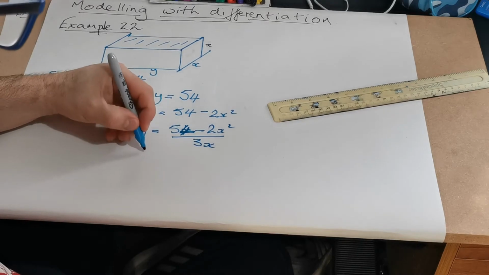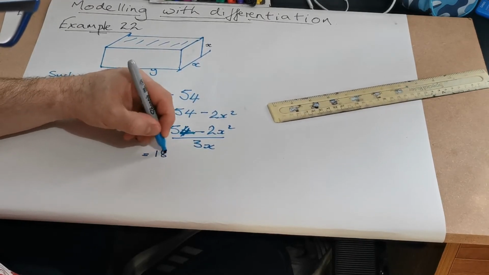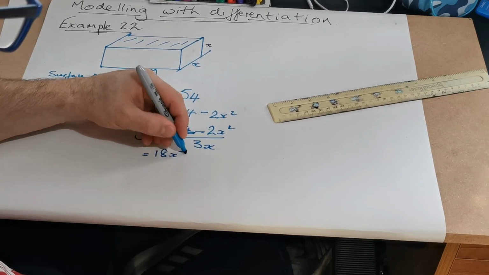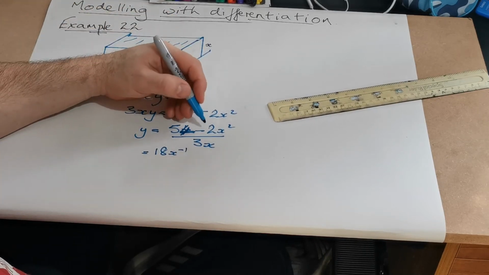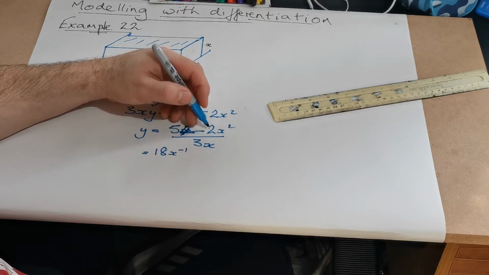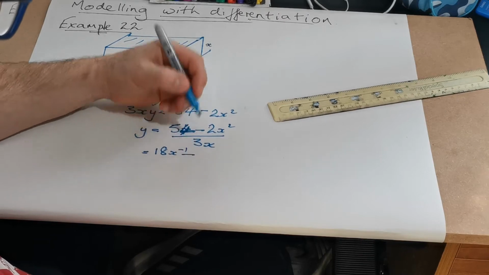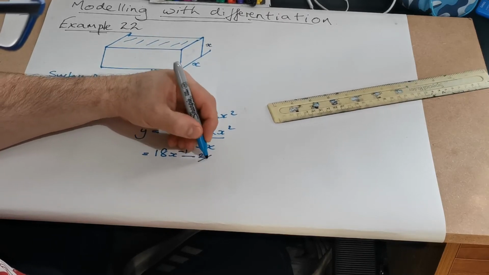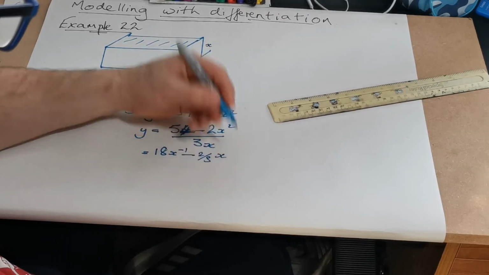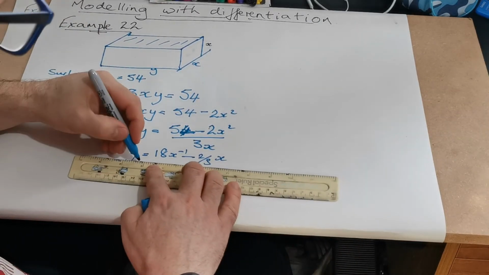Now, 54 divided by 3x is 18x to the minus 1, and 2x squared divided by 3x would be 2/3 x. So I'm going to say that's what y is at the moment.